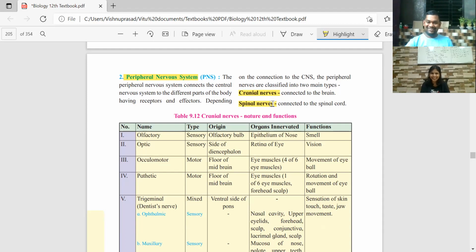So wherever any kind of stimulus is received and perceived, we can say there are nerves present over there. Understand how the nerves are supplied to every part of the body.